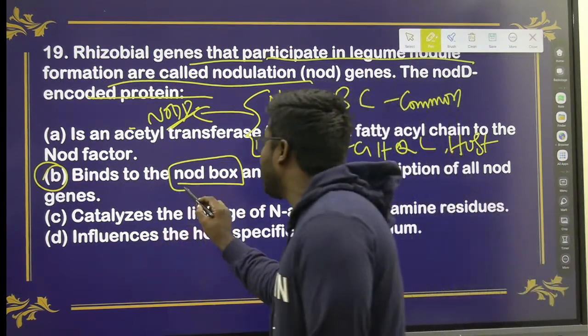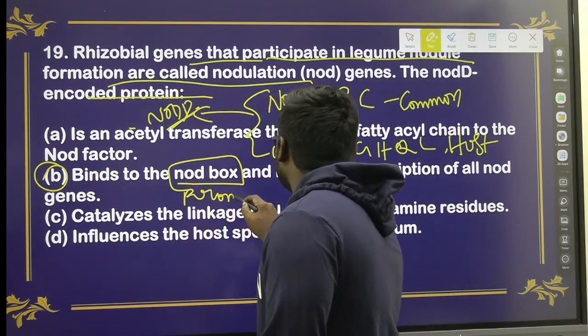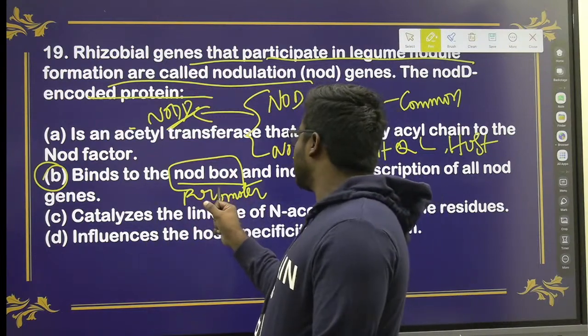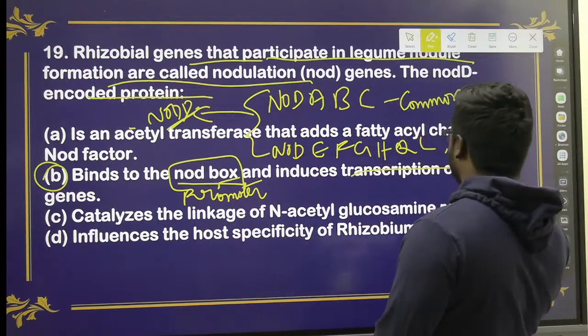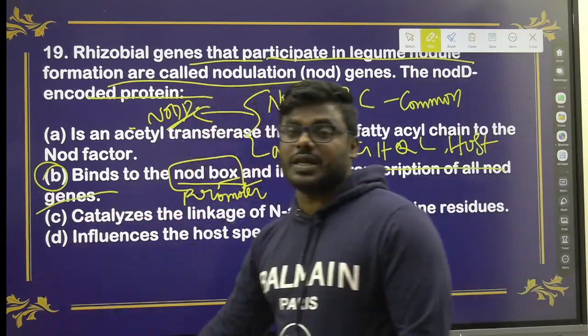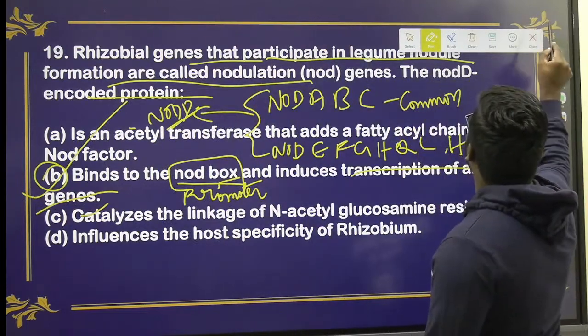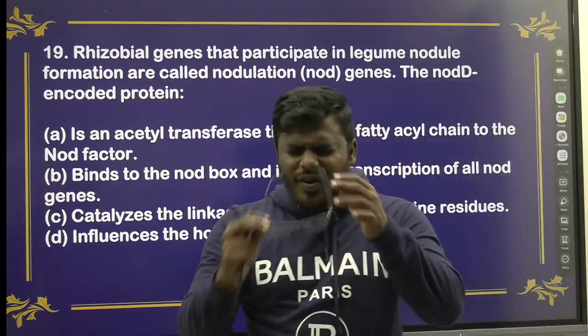What is the NOD box? It's a promoter. NOD D associates with this promoter and induces the transcription of all other genes, common and host-specific. Hence the correct answer will be B. Friends, is that clear to everyone?